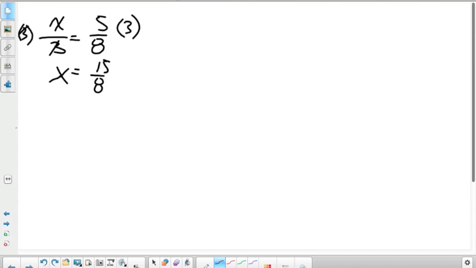Those are the rules you need to keep. In this case, we chose to multiply both sides by 3. We can multiply both sides by 24. So if we multiply both sides by 24, we're left with 8x is equal to 24 times 5 divided by 8. 24 times 5 is what?